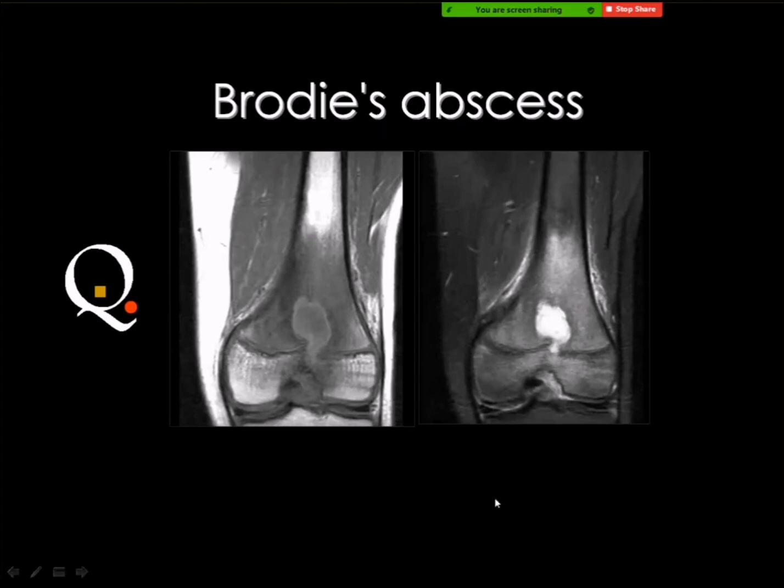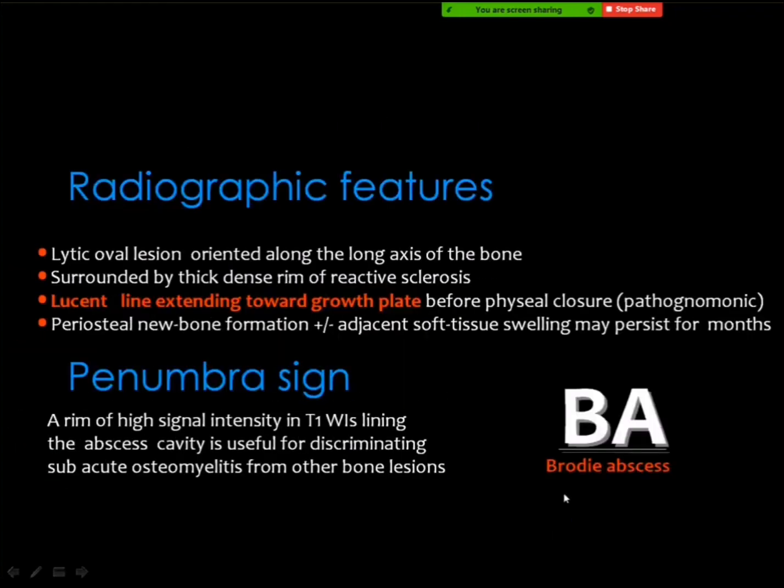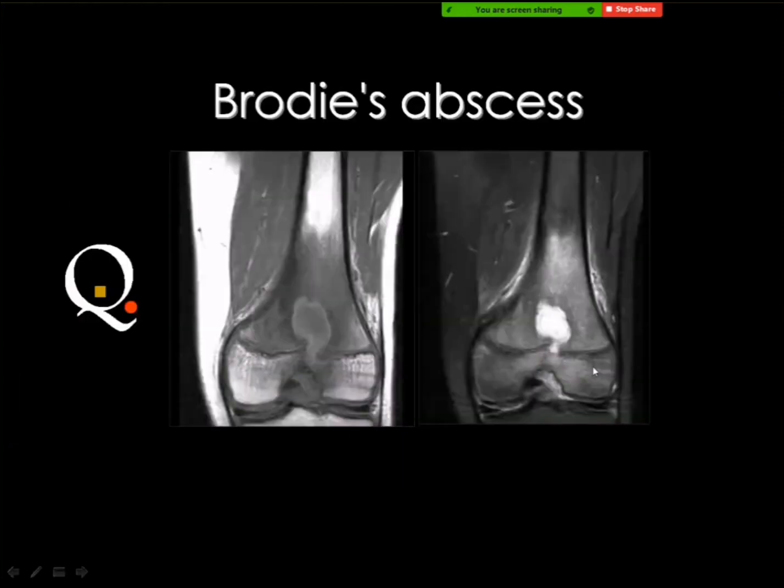Okay, this is the Brodie's abscess. The answer is there. Brodie's abscess is an intraosseous abscess which is present in the metaphyses usually. And this is one of the good signs for the diagnosis of Brodie's abscess, which is known as the penumbra sign, or the lucent line extending towards the growth plate, which is considered pathognomonic.